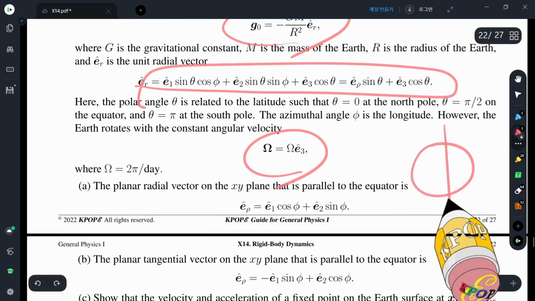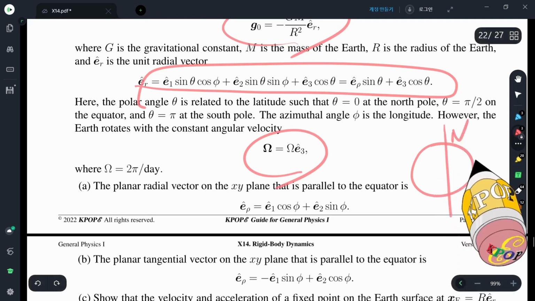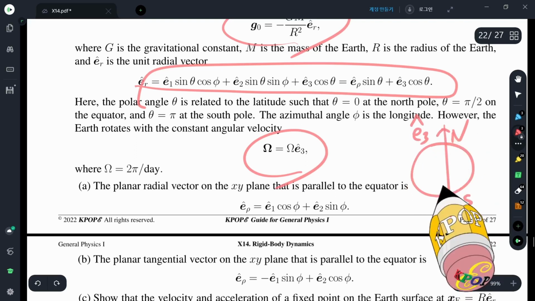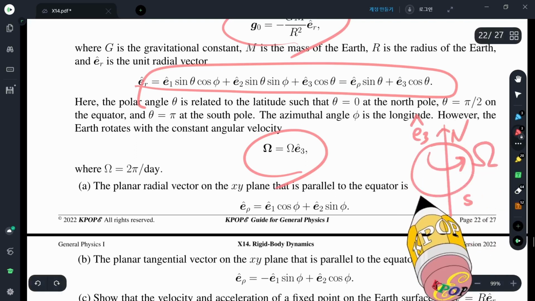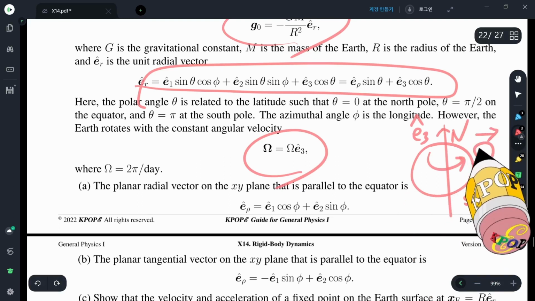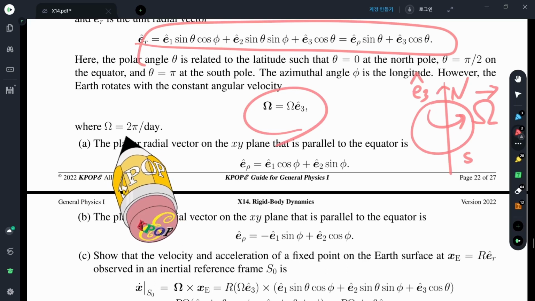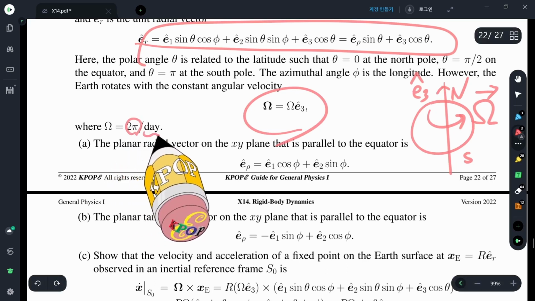Axis, we just make the Earth stand up and North Pole, South Pole, and E3 hat is along this direction. And the Earth is rotating. The Earth is big, which I use the capital omega. And this is one revolution. One revolution, that is 2 pi per day.